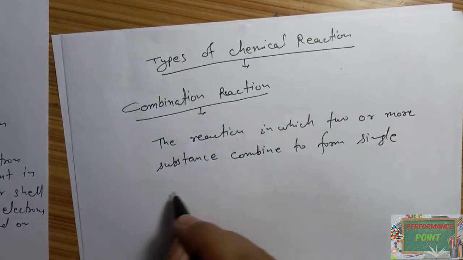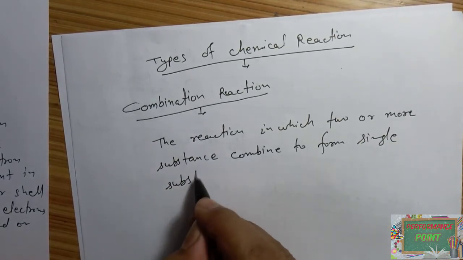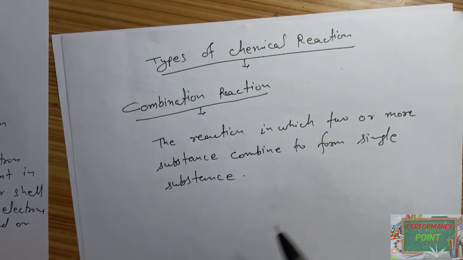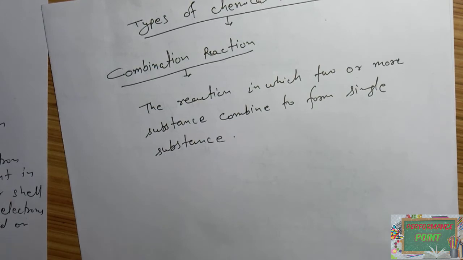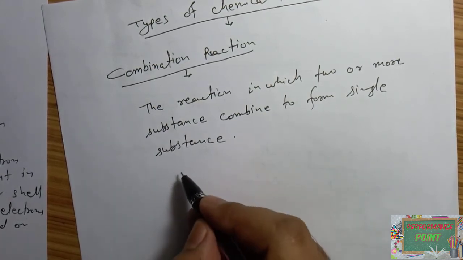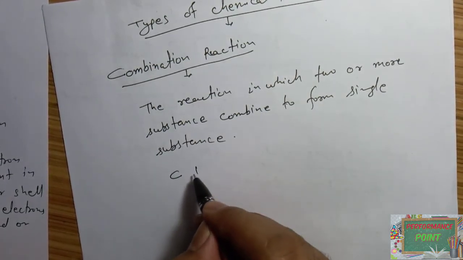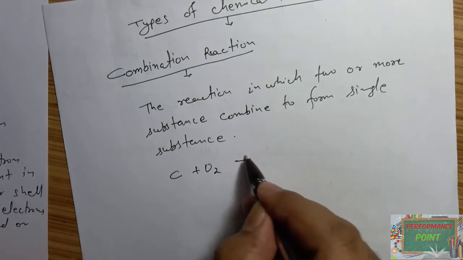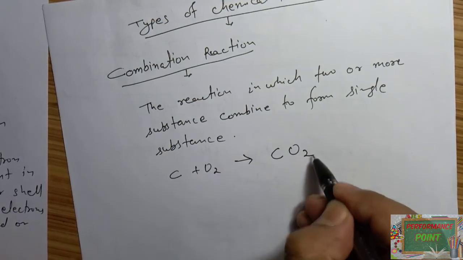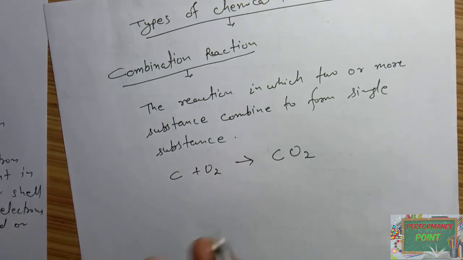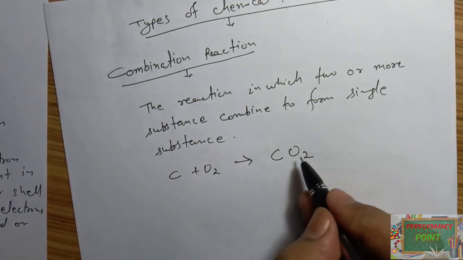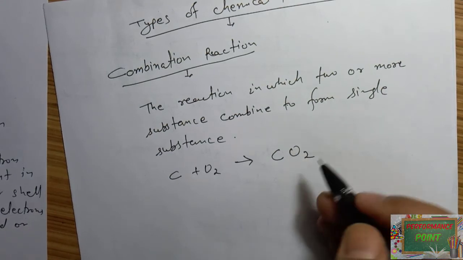Single substance, that's very important here. As we did with carbon plus oxygen, what is that going to be? CO2. You can see here the carbon and oxygen both combined together to form carbon dioxide.